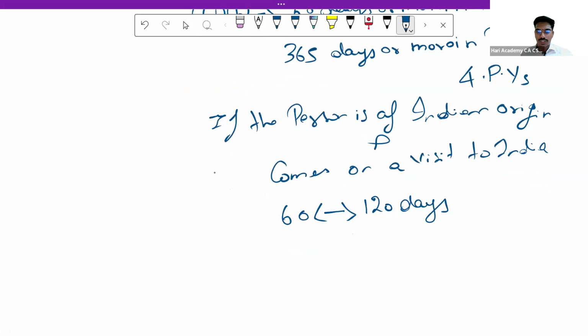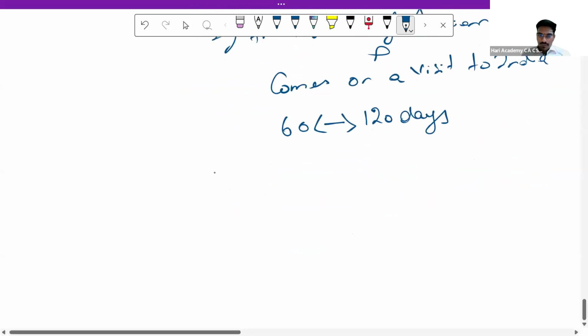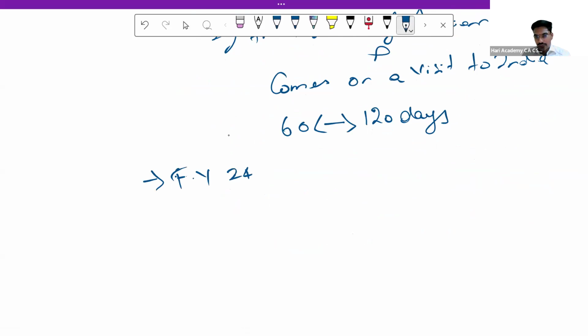So in this case, in the previous financial year 2024-25, he has been in India for 125 days, which is greater than 120 days.